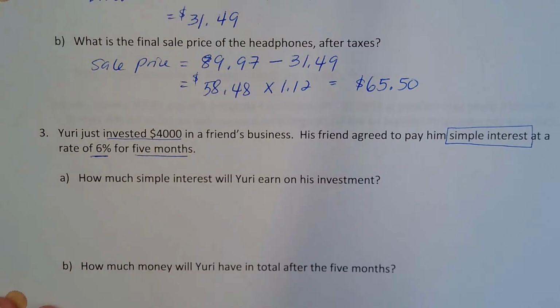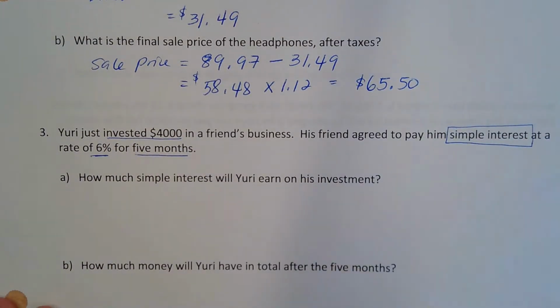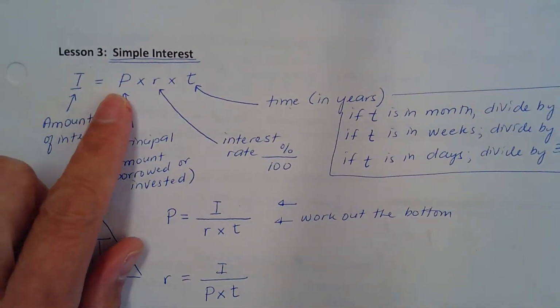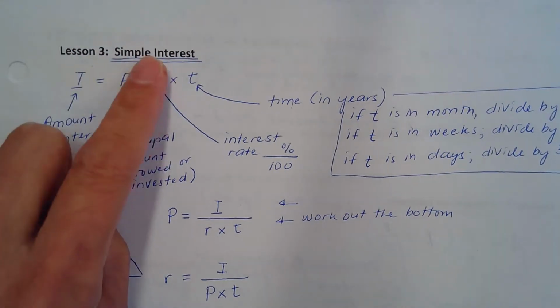So you invested $4,000. When you look at your formula sheet, going back to your formula sheet, I'm going to pull out the formula sheet that we were talking about. Simple interest would be this formula, right?